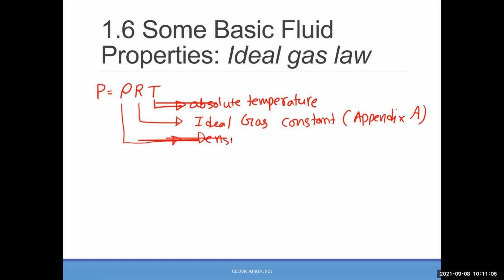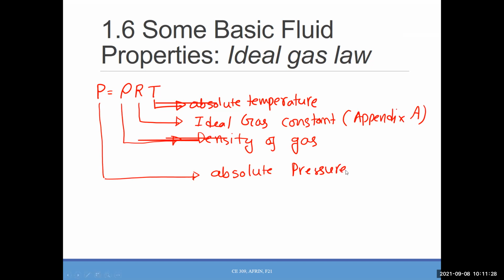Density of gas, right? And do you remember the P? What was that? Absolute pressure. Good. So it is not any kind of pressure, it is absolute pressure. Now we already know what absolute temperature is. Today we will try to learn what absolute pressure is.